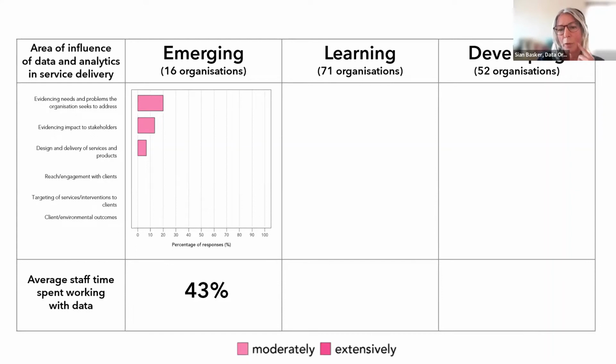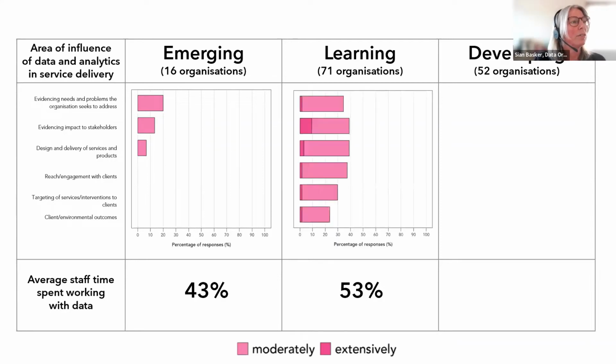So we then decided to look at the next stage. And what we found is, 53% of time was spent working with data. So it's not true that it requires less effort, for sure. These learning organisations, however, for that extra effort, are seeing rewards in many, many more areas than those at the emerging stage.